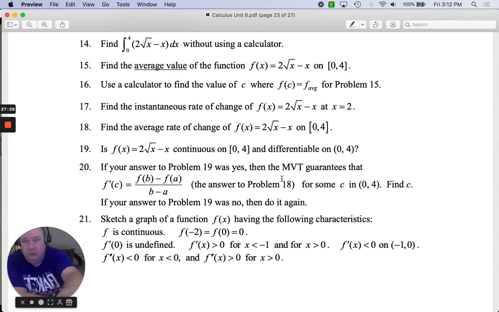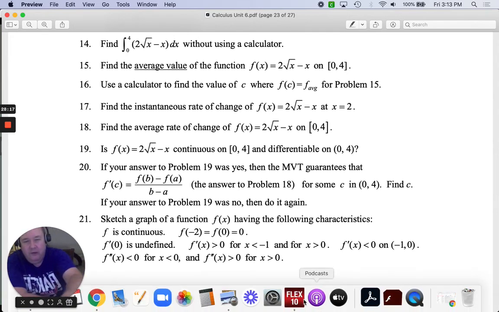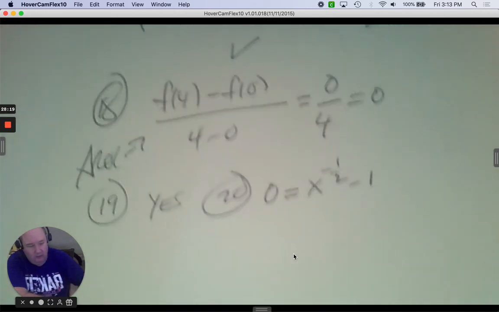And then number 20, might as well connect them together. If the answer was yes, can you find where it occurs, where the average rate of change equals the instantaneous rate of change?